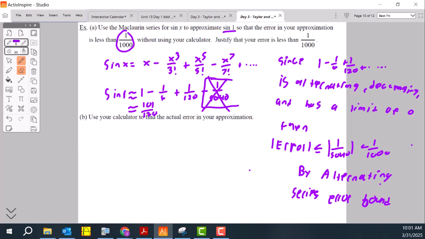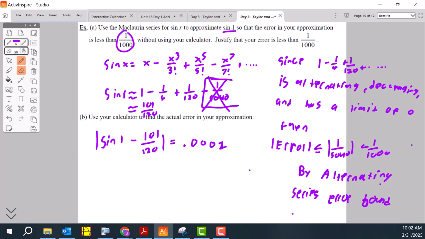Okay, part B just asked us to use our calculator to figure out the actual error, so if we did sine of 1 minus 101 over 120, so our actual minus our approximation, we would get 0.00019 or 0.0002.